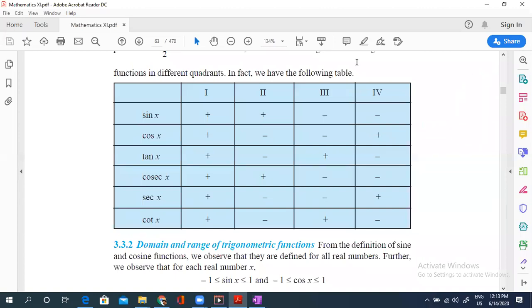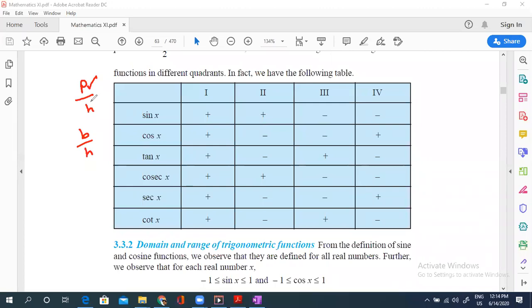See, sine, cos, tan, everything is a ratio of perpendicular by hypotenuse, base by hypotenuse, right? Now, can perpendicular be greater than hypotenuse?